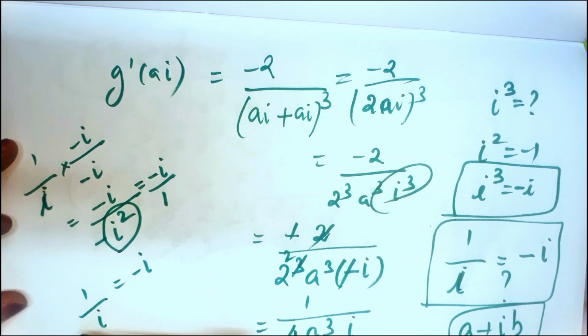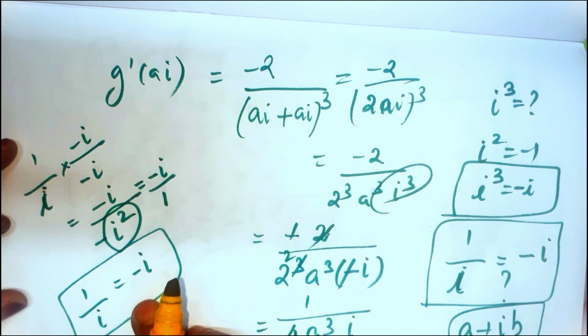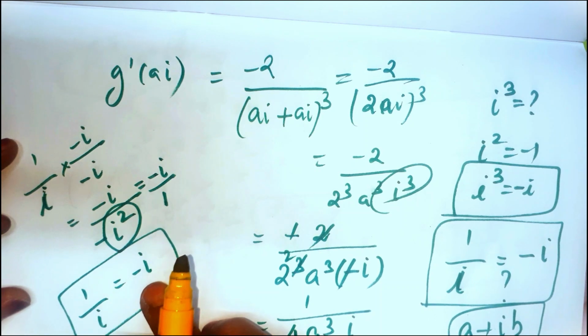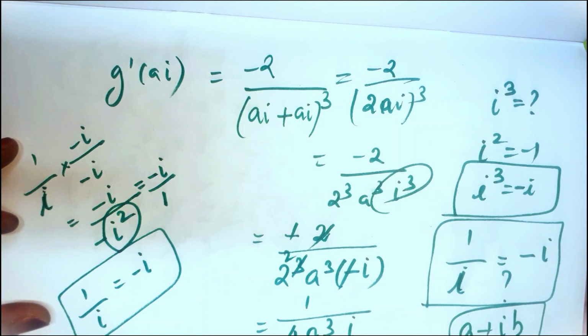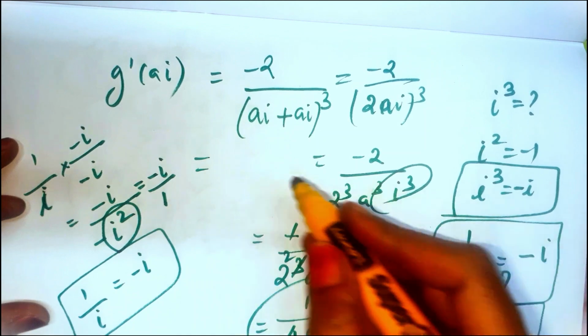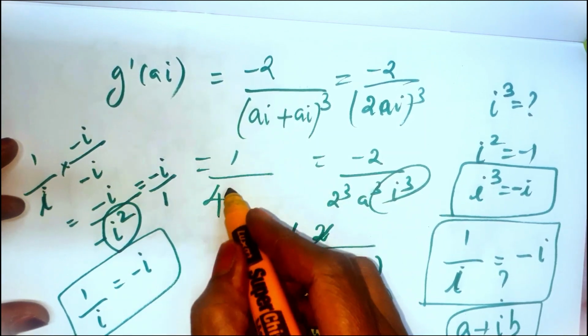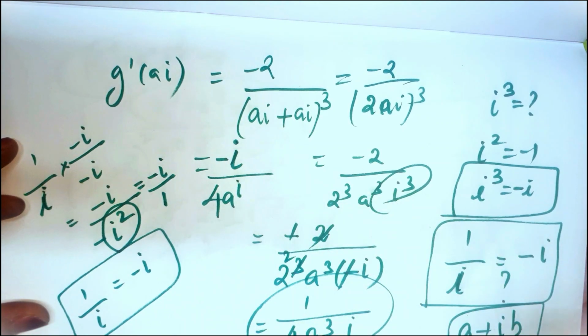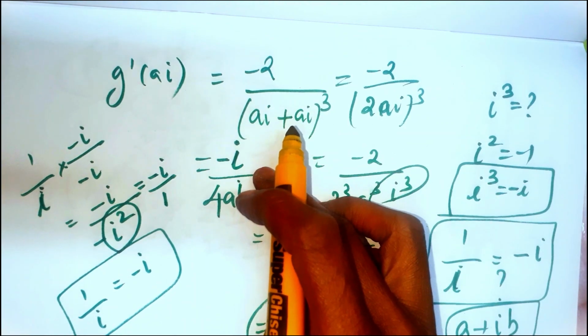So 1 by i, you can keep in your memory as a formula itself: if we have i in the denominator, we can take that as minus i in the numerator. Okay. So I can rewrite this as 1 by 4a squared into minus i, taking that i in the numerator.